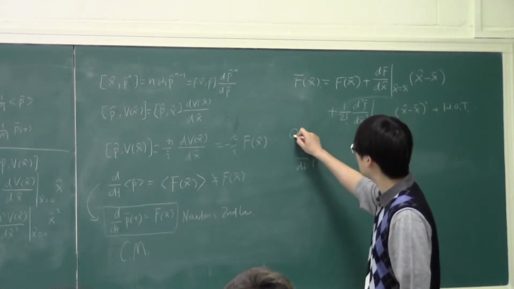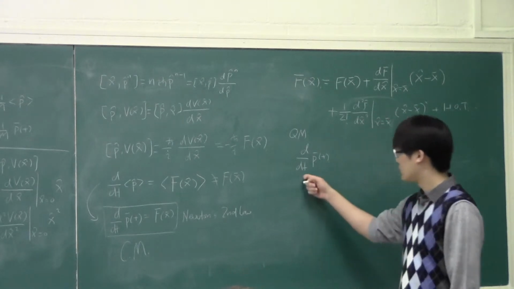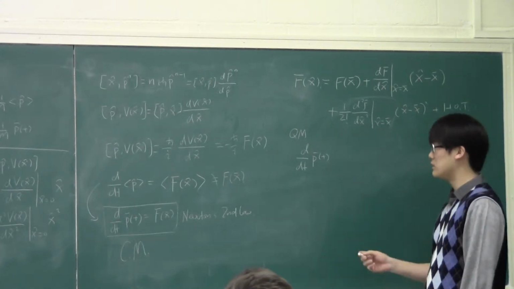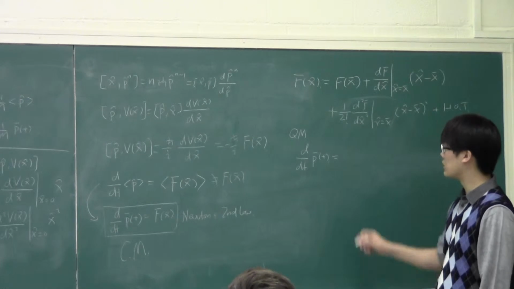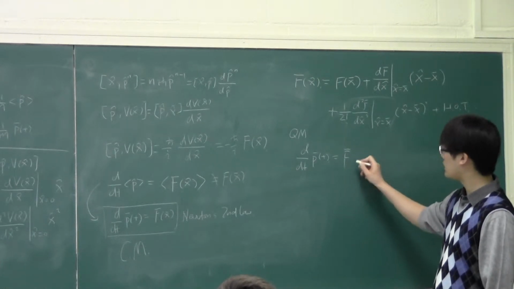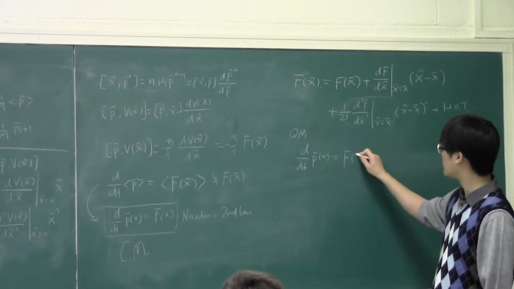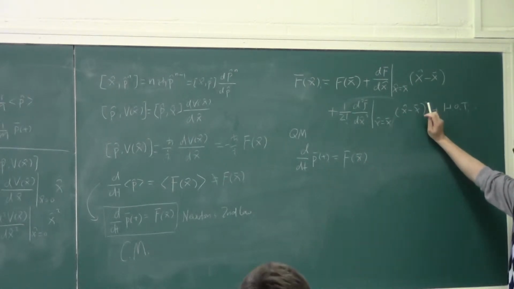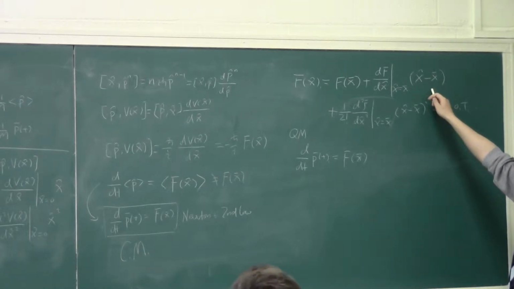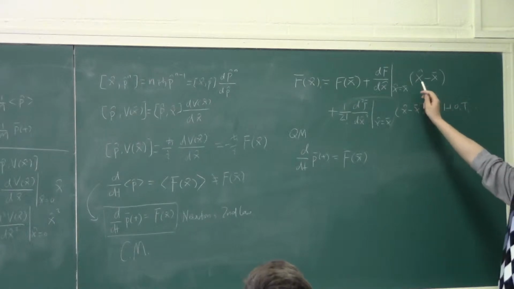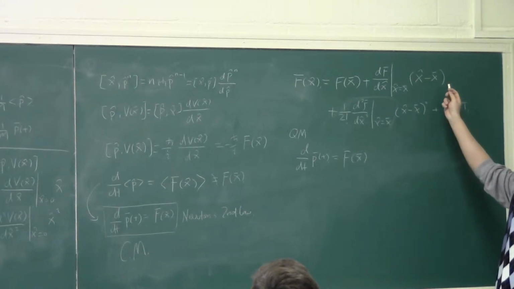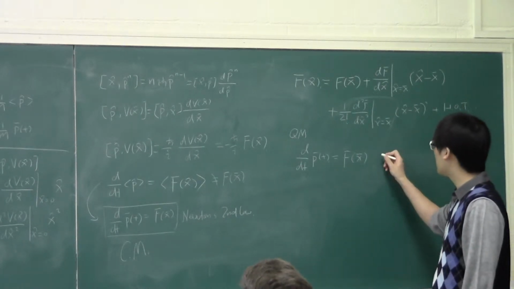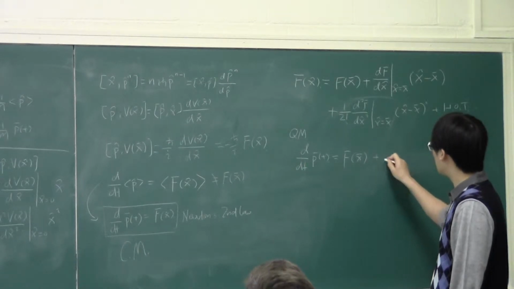Now the prediction of quantum mechanics is, we have on the left-hand side, this is certainly true. We have the classical force, and then the force linear in x. When I take the expectation value, this term is going to vanish, right? Because the expectation value of x minus its expectation value is going to be 0. So I'm only left with at least the second order term.